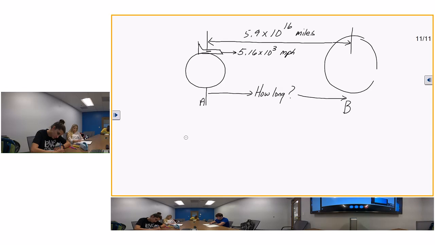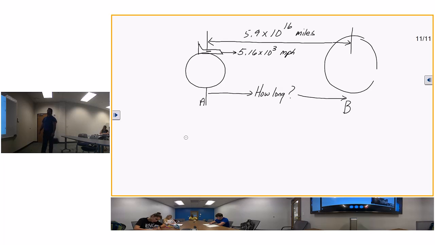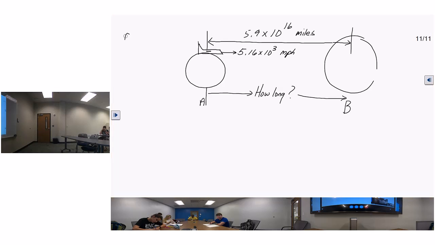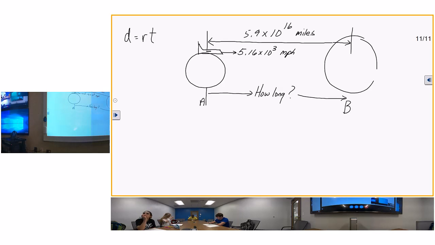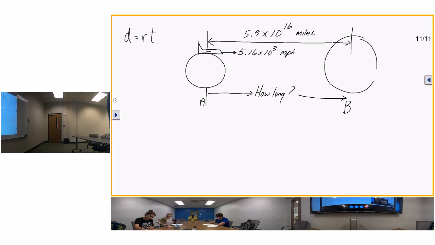Now, there is a formula that is good about distance. What is it? Distance equals what? Distance equals rate times time, or distance equals speed times time.